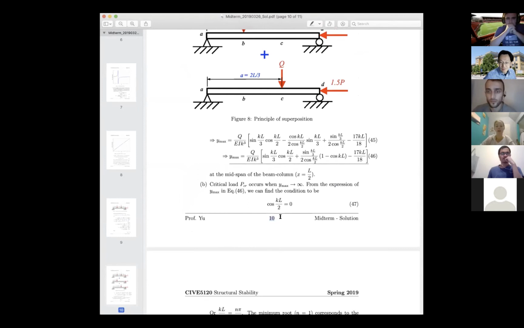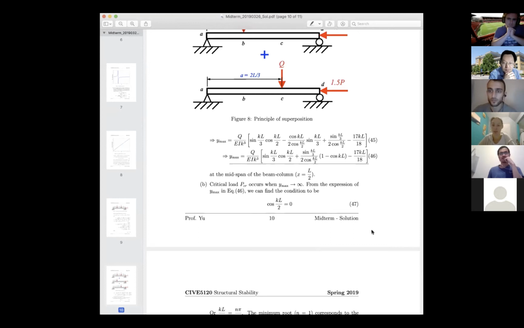Let me just open the file so we can all see this. Page 10. So it's asking for PCR, and it's 1.5 P, and it's a simply supported beam, and that Q doesn't do anything to affect the critical load. So could we just say PE is equal to 1.5 P, and then is equal to pi squared?